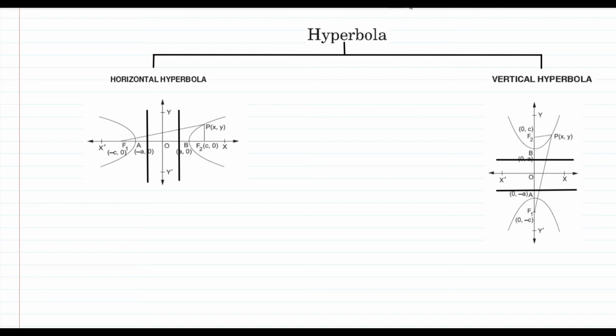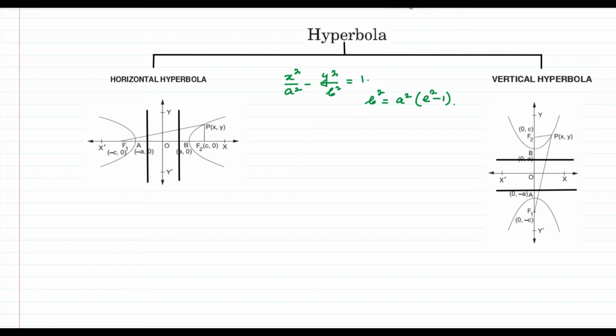The standard form of the hyperbola is x square by a square minus y square by b square equals 1, such that b square equals a square into e square minus 1. Now let me discuss the coordinates of different points of these two types of hyperbola, as well as the equations of the directrices and axes.